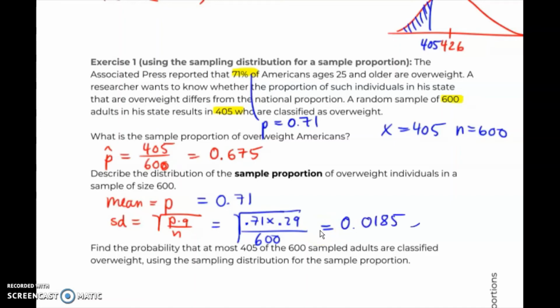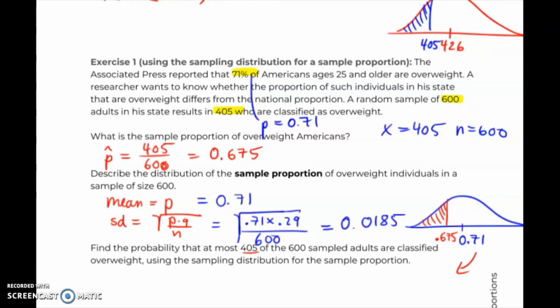So if we drew a little image over here, it would be centered at 0.71. Our standard deviation is 0.0185, and we're now looking for the area of at most 405, which really relates to a sample proportion of at most 0.675.